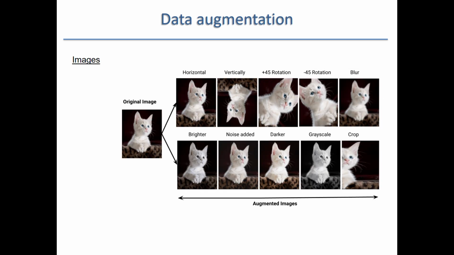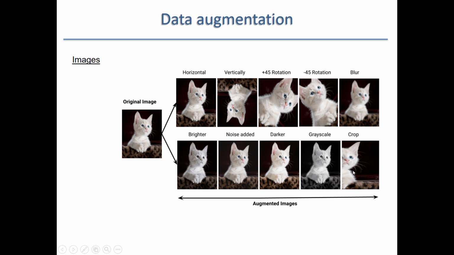So with images, it is very easily seen. So we have some image and then we can transform it, and we can transform it by geometrical transformations, or we can blur it, or we can change the intensities, or we can add noise, or we can make it gray, we can crop it.